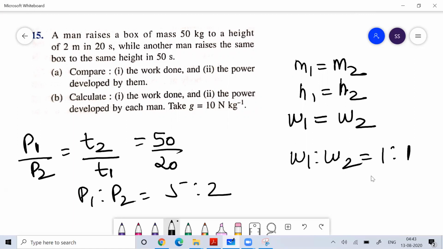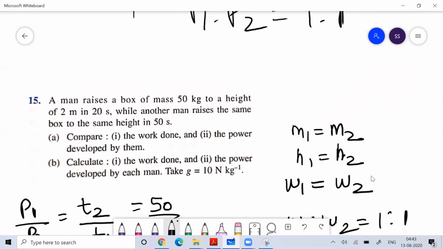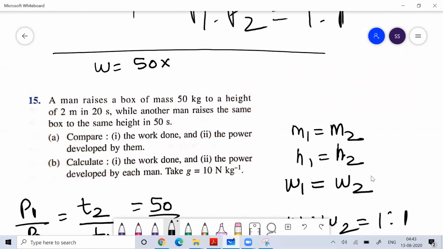Now we calculate the work done and power developed by each man. What is the work done by the first man? It is mgh: 50 into 10 into 2 meter, so the work done is 1000 joule.